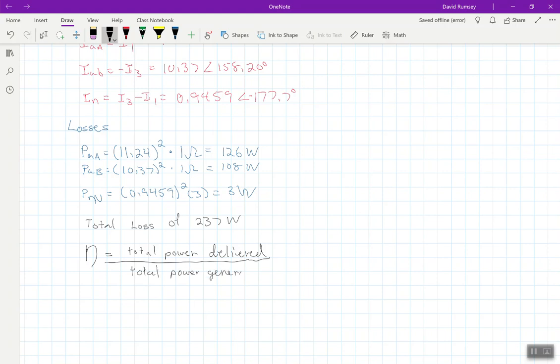Now we're talking about average power in this case. We're just talking about the efficiency of the average power. We're not including the volt amp reactive component in this. And so this would just simply be 2086 over 2086 plus 237, which is equal to 89.9%.